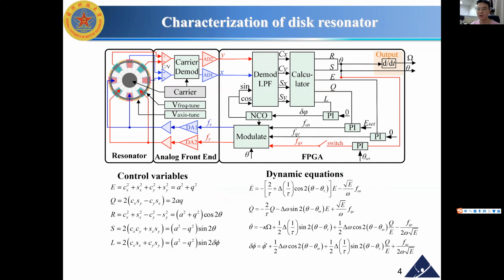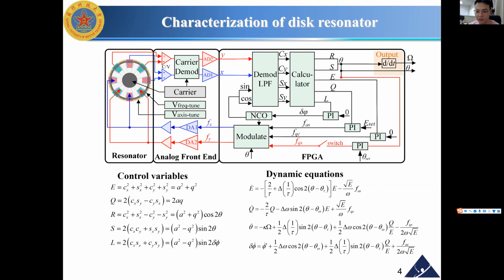Apart from a honeycomb disk resonator, this whole angle platform also consists of two printed circuit boards. One PCB contains analog amplifiers for detection and execution of the resonator's vibration and mixed signal electronics, digital to analog converters and analog to digital converters.